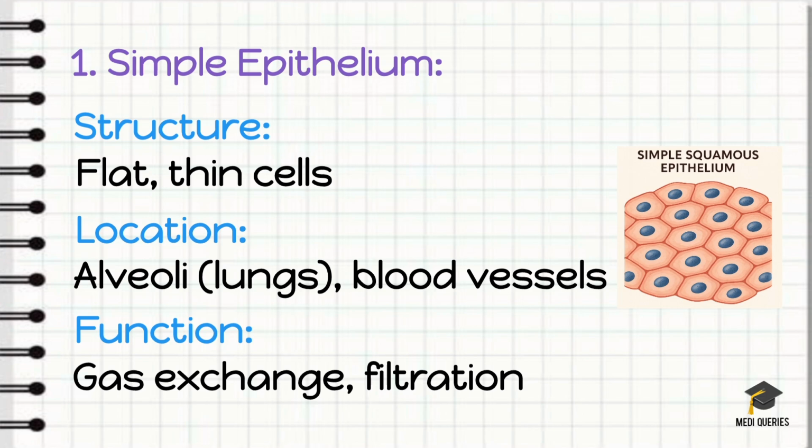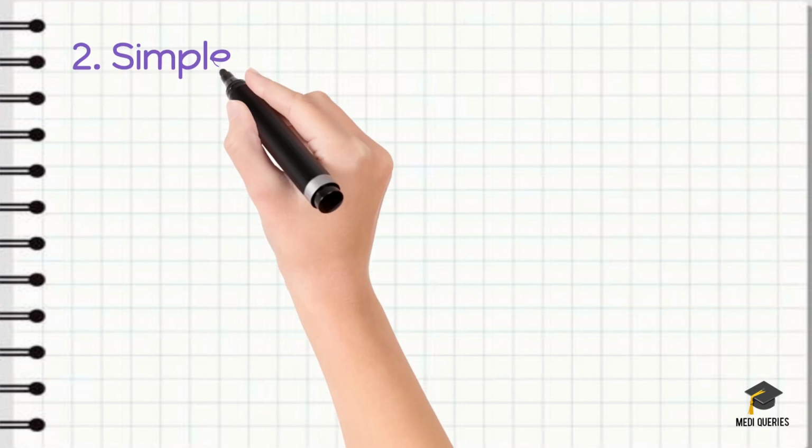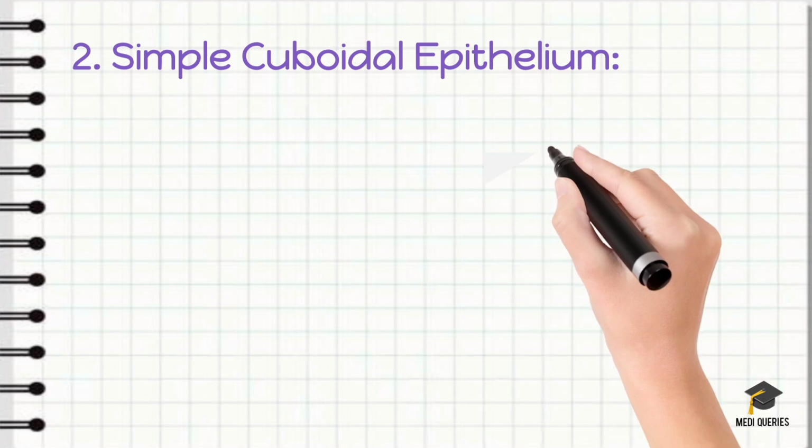Alveoli is nothing but a part in the lungs which is mainly used for the gases exchange process. So that itself is the function for these tissues, that is, it is mainly used for gases exchange and filtration processes. Here the function of the tissue mainly depends upon the location where it is located.